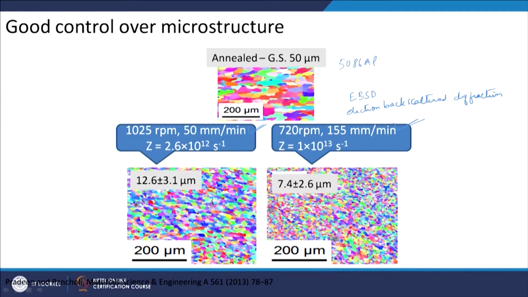At one particular processing condition you have reached a grain size of 12 micron from 50. In another processing condition, at lower RPM and higher traverse speed, you have reached another grain size which is 7.4 micron from 50 micron. So, very good control over microstructure you can achieve in this type of processing.